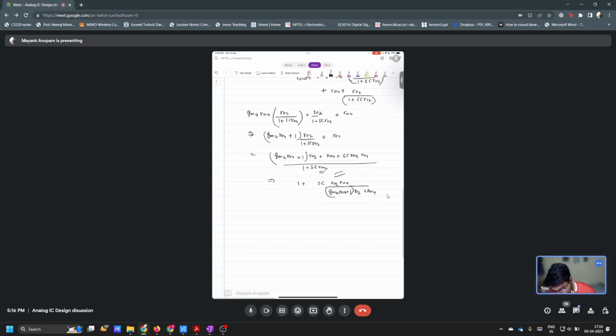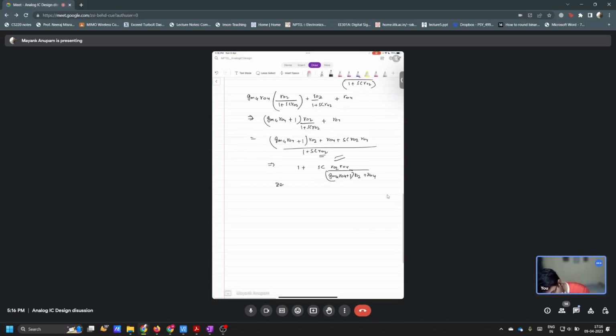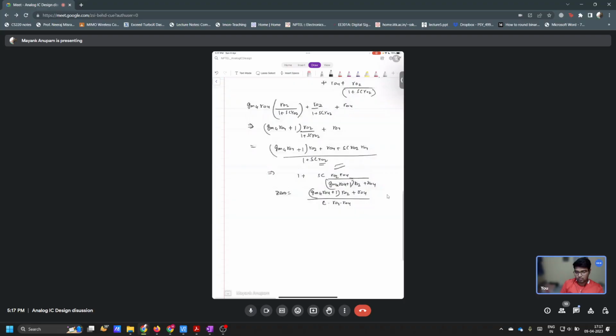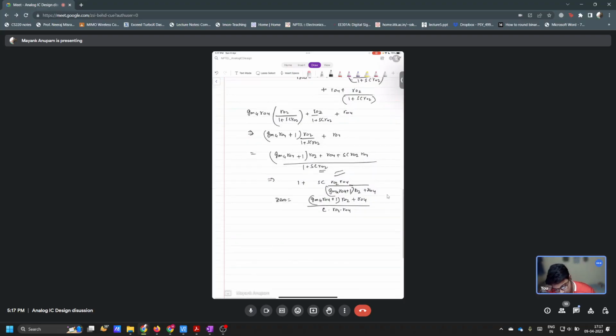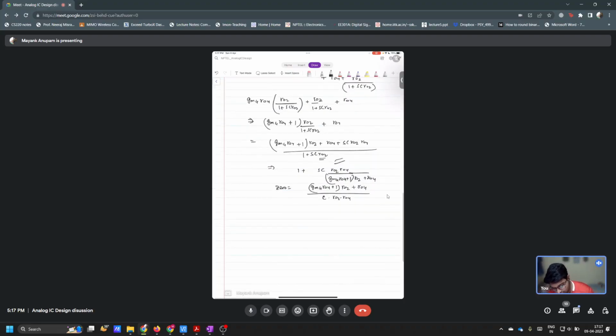Yes, this is the numerator. So 0 is GM4 times RO4 plus 1, RO2 plus RO4, divided by C into RO2 RO4. This is the zero frequency.